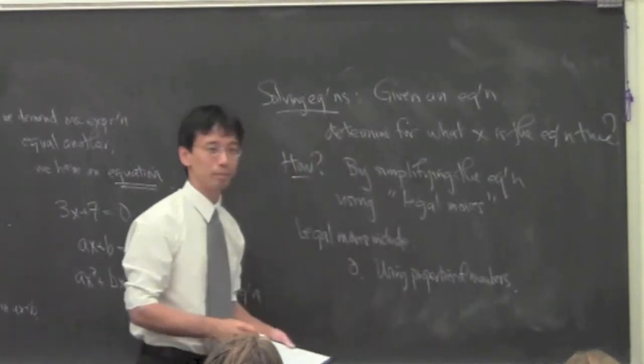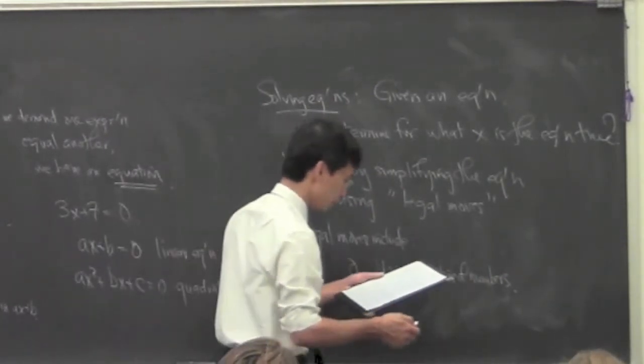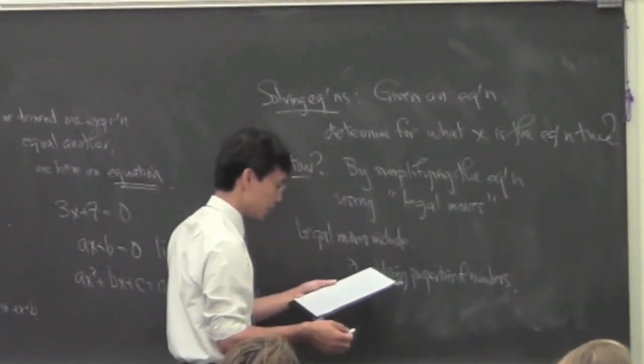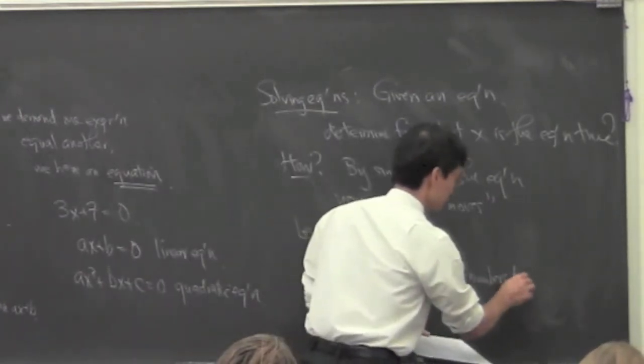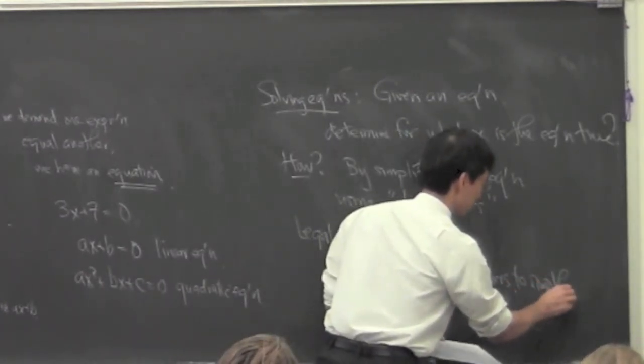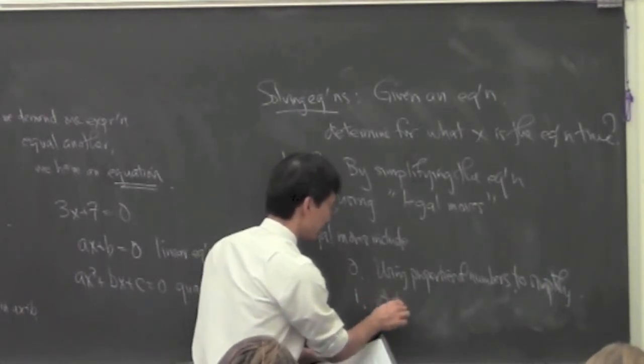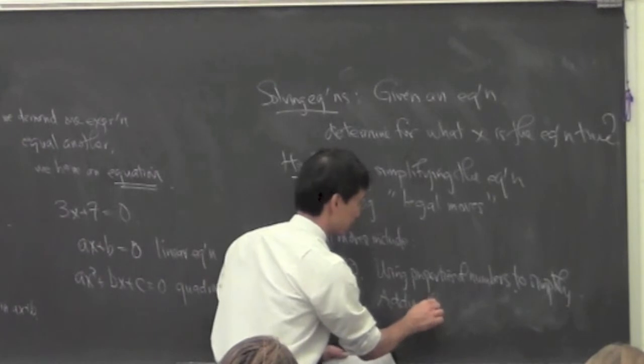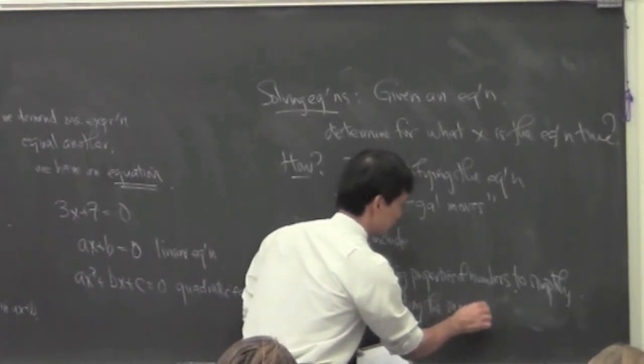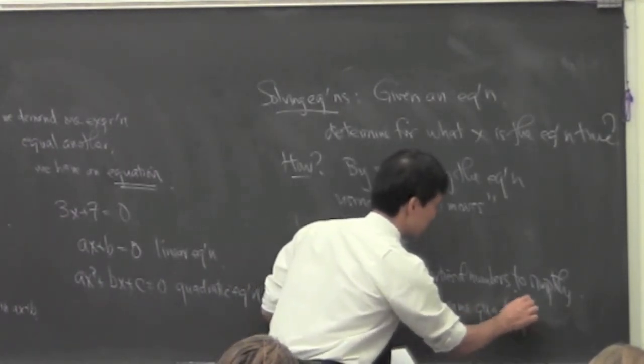Right, just like using basic arithmetic properties of numbers to simplify. One, adding the same quantity to both sides.